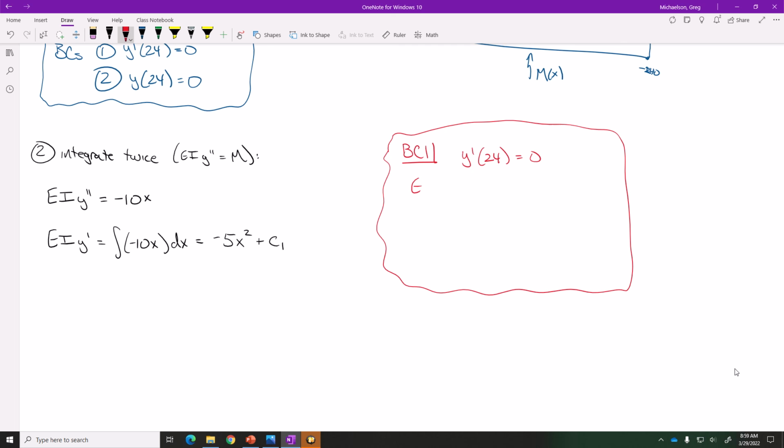So EI y prime is negative 5x squared plus c1. So 0 is negative 5 times 24 squared plus c1. 0 equals, okay, so what is that?